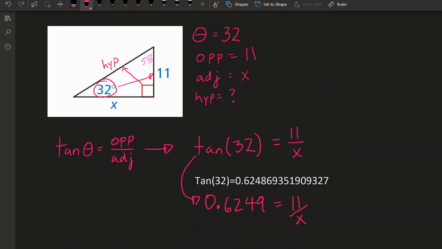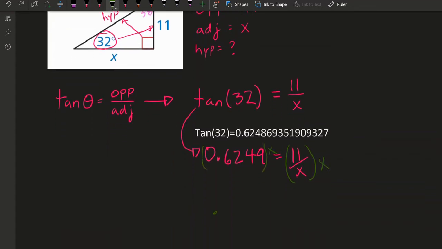Now, to solve for x, first I need to get it out of the denominator. So I'm just going to multiply both sides by x, and that will give me 0.6249x is equal to 11. And now one more step. Let me divide by 0.6249.